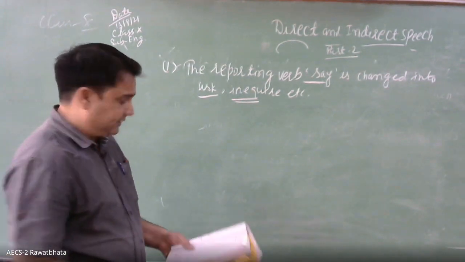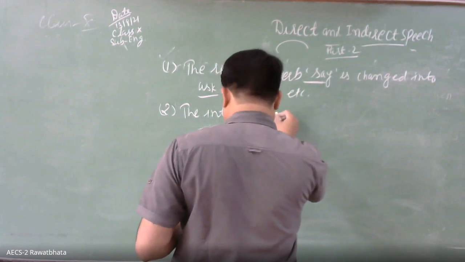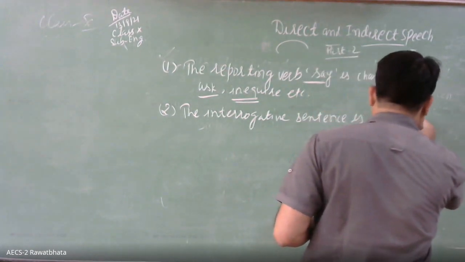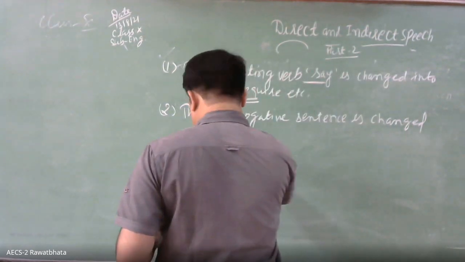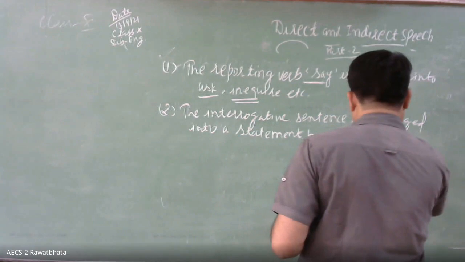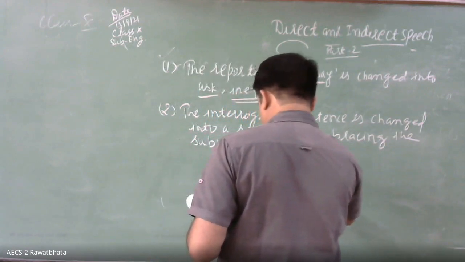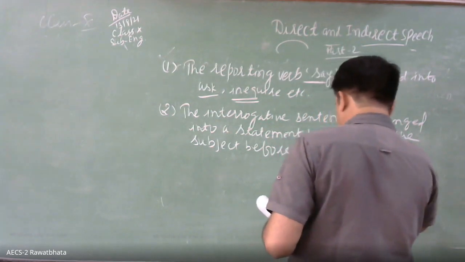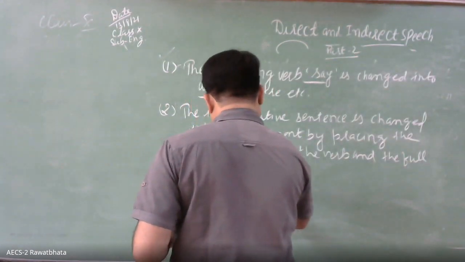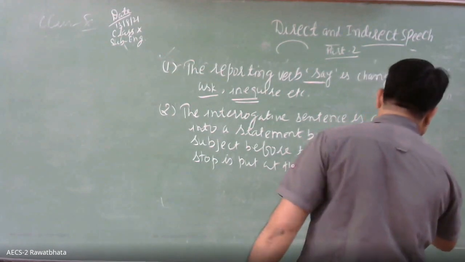Then the second change: the interrogative sentence is changed into a statement by placing the subject before the verb, and the full stop is put at the end of the sentence.